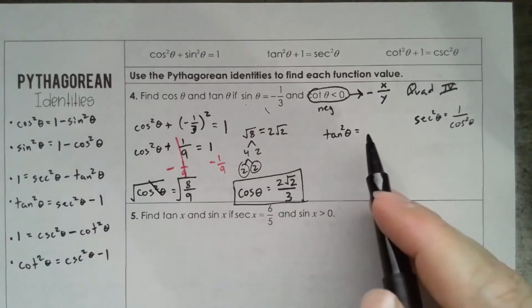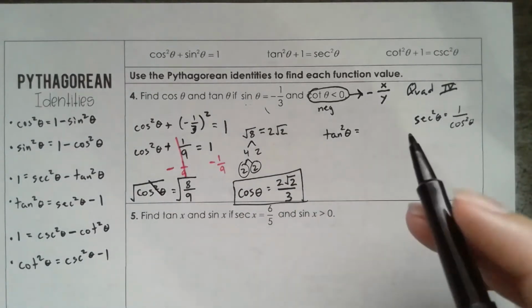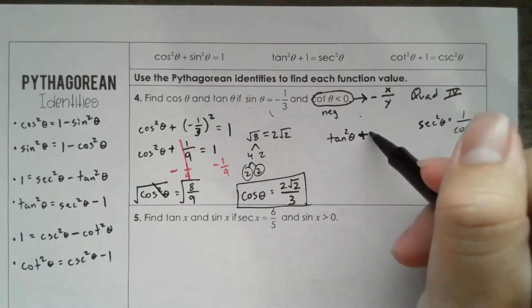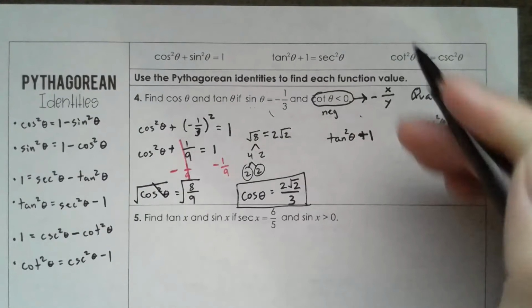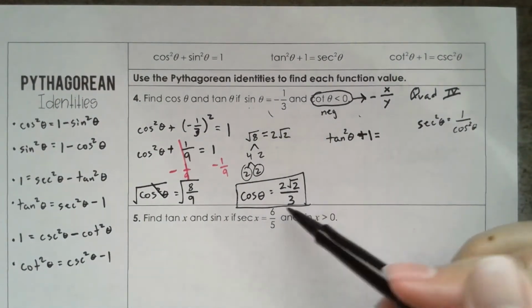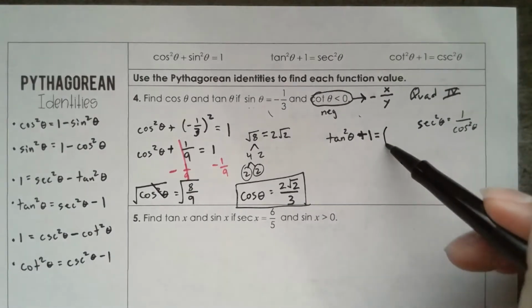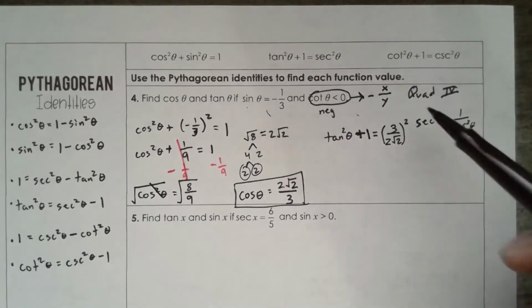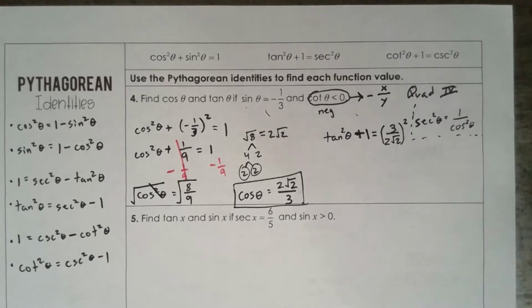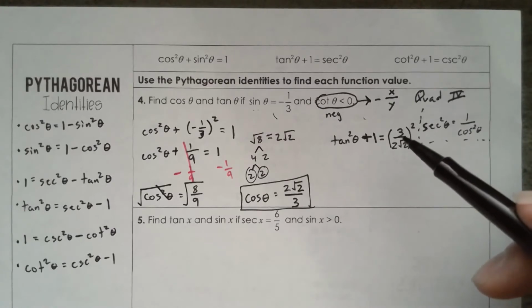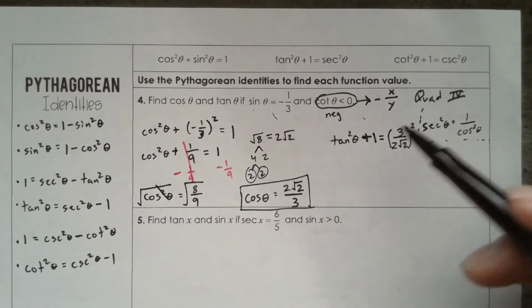Oh, I see the confusion. Tangent squared theta plus 1, I'm using this identity here, is equal to secant squared theta, again the reciprocal of cosine. So that'll be 3 over 2 square root 2, squared. Yeah, I have a square root in the bottom, but I'm not too worried about it because I'm trying to figure out a value, not this one per se yet. So then square it.